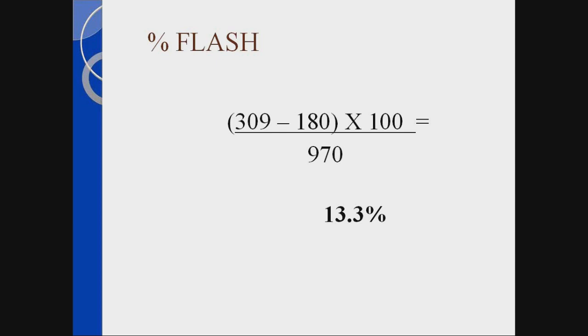Well, what does that mean? If there's 1,000 pounds of condensate flowing through this heat exchanger, 13.3% of the liquid will change state, or 133 pounds of condensate, or flash steam will form.